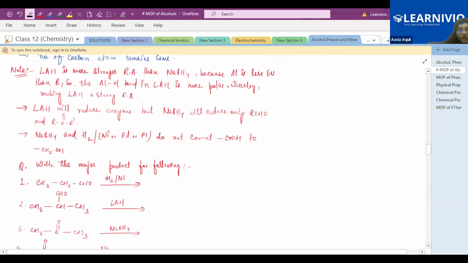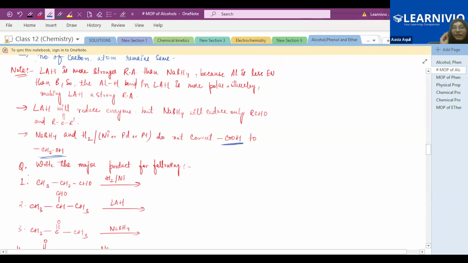This point is again very important. If you do the catalytic hydrogenation of your carboxylic acid, again, catalytic hydrogenation and sodium borohydride will not convert this carboxylic acid to alcohol.